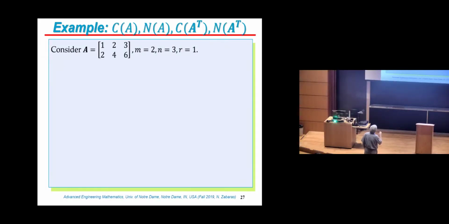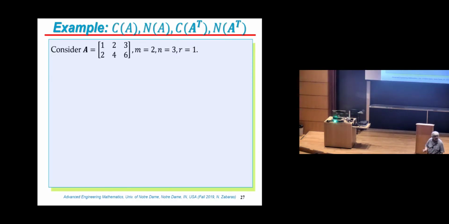So how many free variables in this problem? What's the dimensionality of the null space? 2. And actually, if you know that r is equal to 1 and you have n equal to 3, the dimensionality of the null space is n minus r, which is 2.